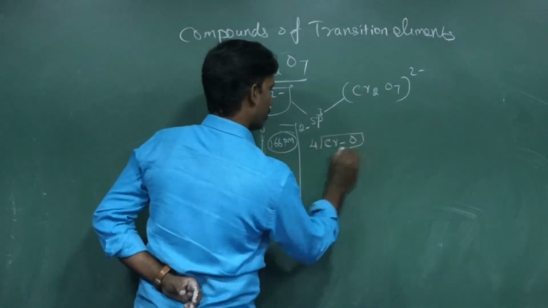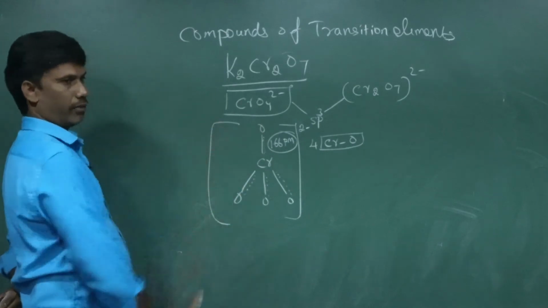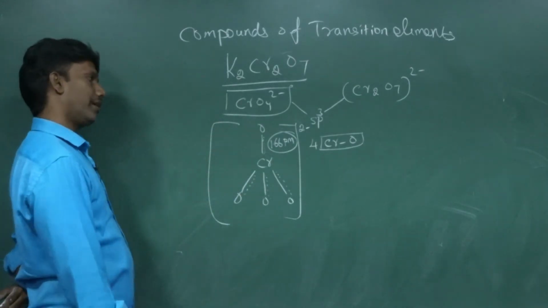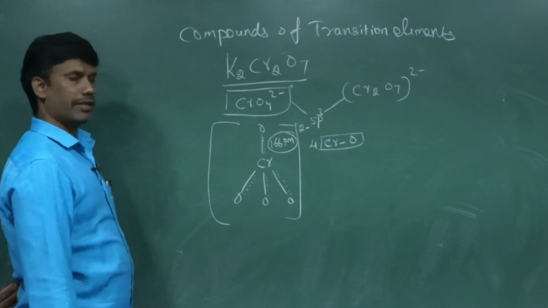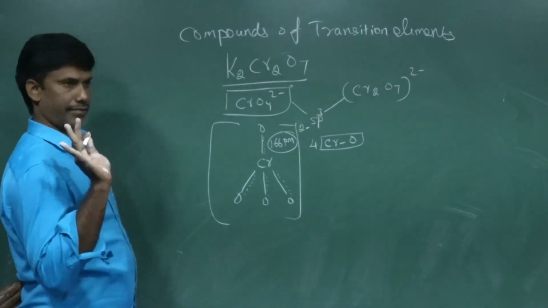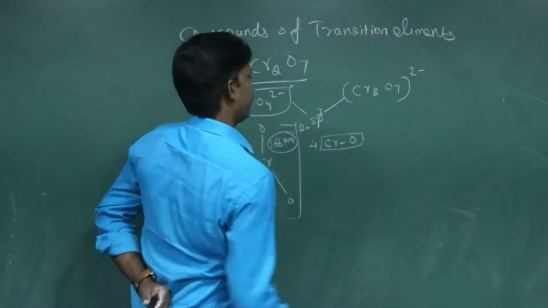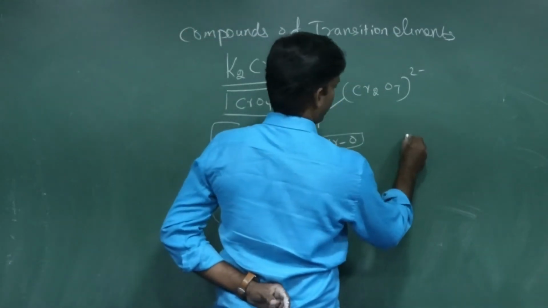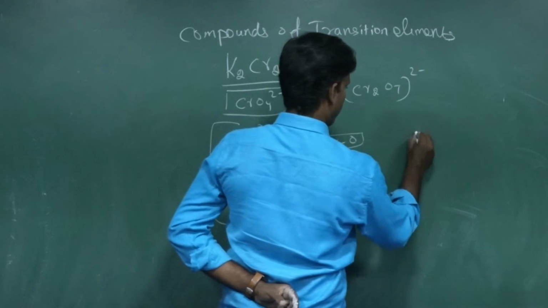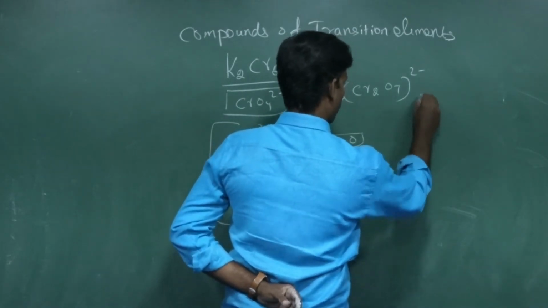How many CrO bonds are there? 4. All are equivalent. In a chromate ion, there are 4 CrO bonds, all equivalent. What about the dichromate ion? In the same way, two tetrahedra, that is CrO.